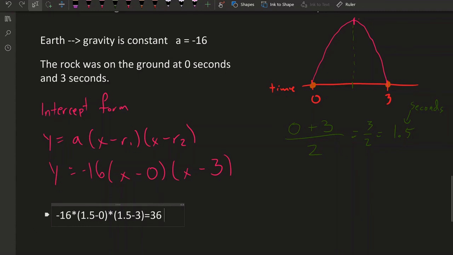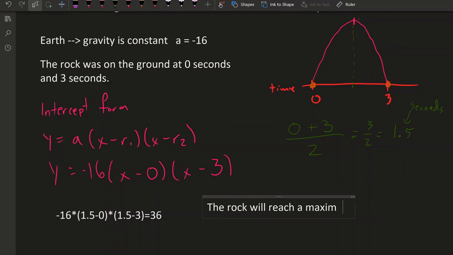So that means that after you launch the rock, it will reach its maximum height after 1.5 seconds, and it will reach a maximum height of 36 feet. Rock will reach a maximum height of 36 feet after 1.5 seconds.